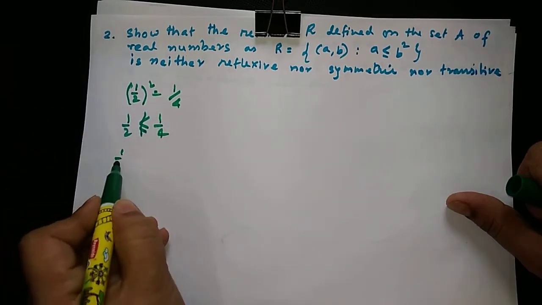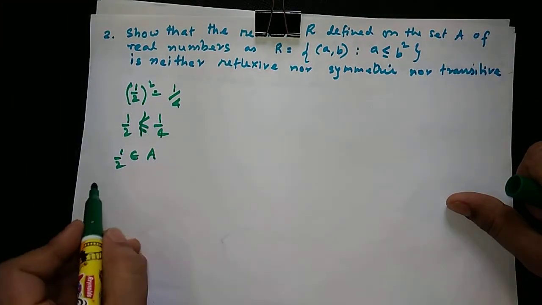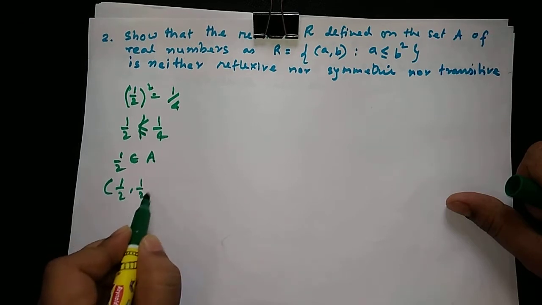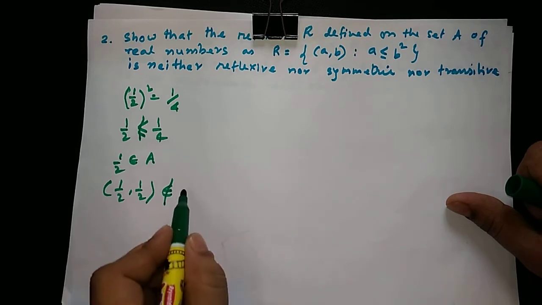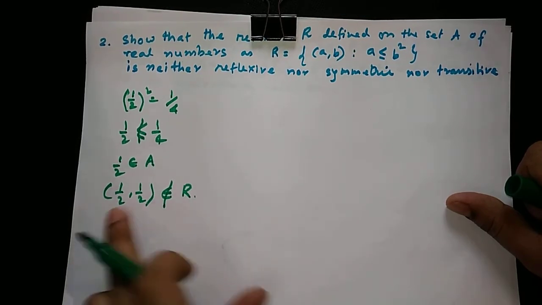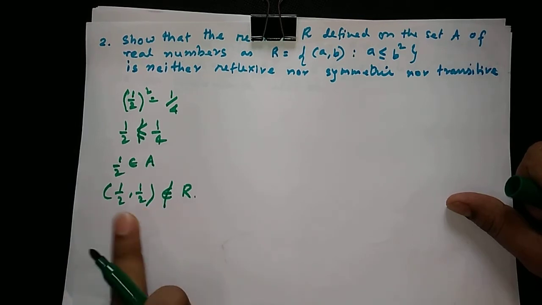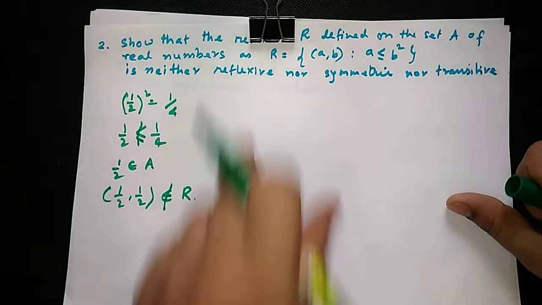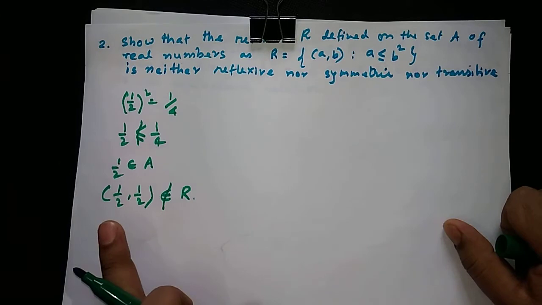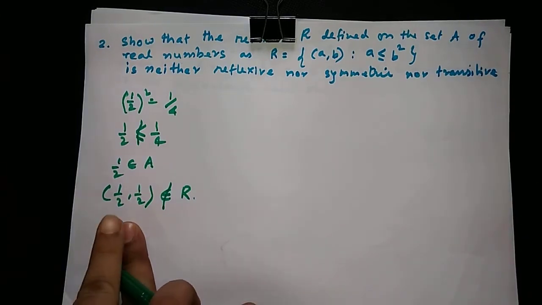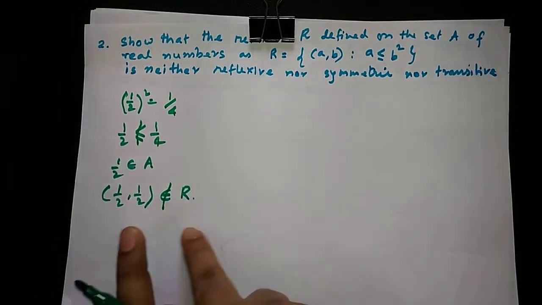So if I take half belonging to A, the set of real numbers, then (half, half) is not a part of the relation R, because half is not less than 1 by 4. So this particular ordered pair disproves the reflexive nature, meaning this relation is not reflexive, because there exists an element half belonging to A such that half is not related to half.